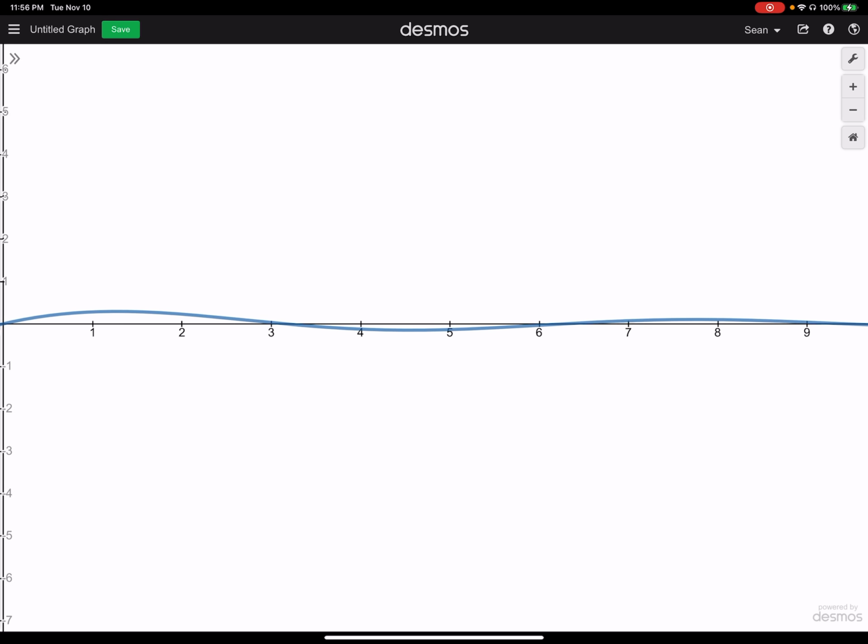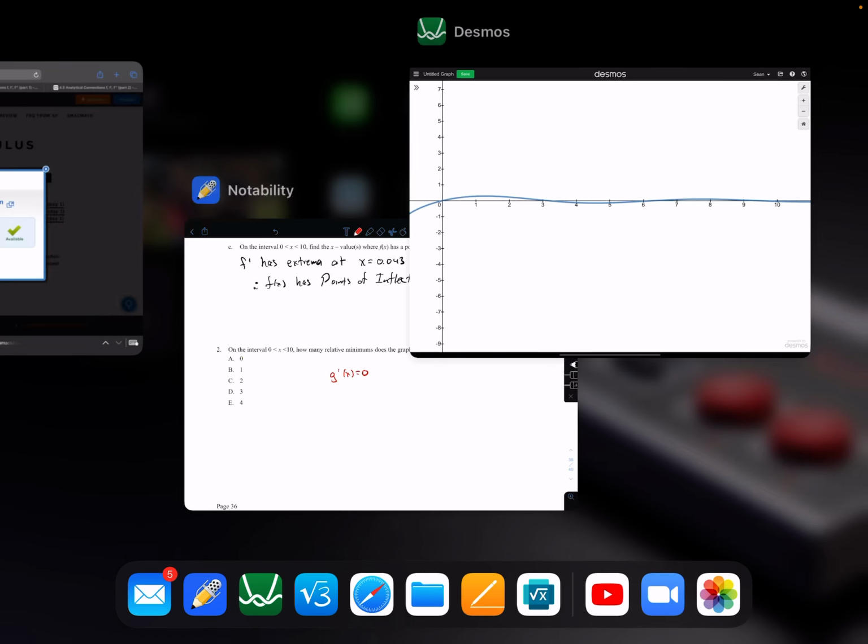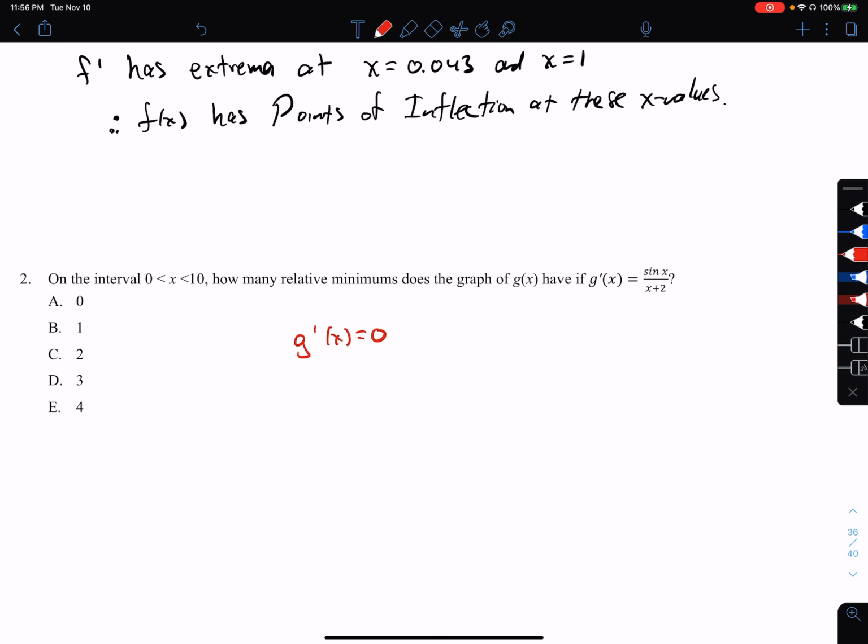All right. So from 0 to 10, we're looking for, it says how many relative minimums does it have? So relative minimums happen, and I misspoke back here, not just when g prime is equal to 0. It's when g prime is changing from negative to positive.